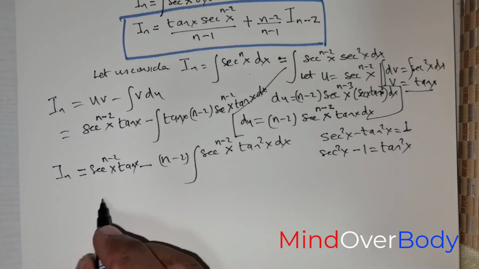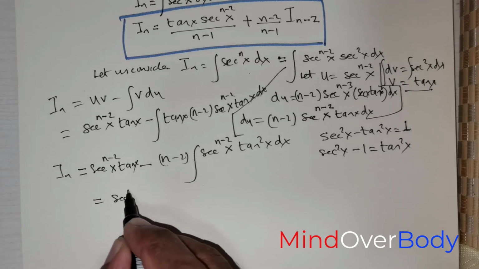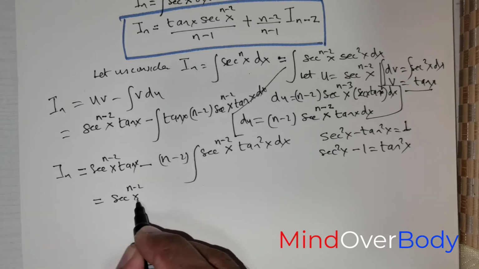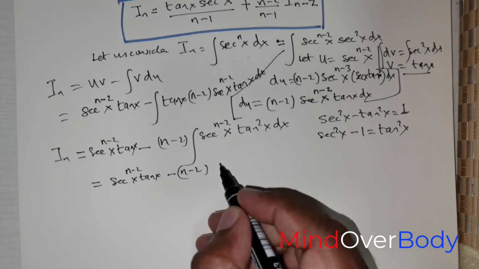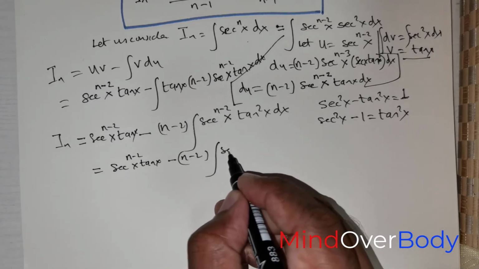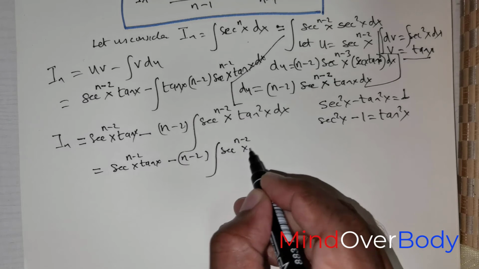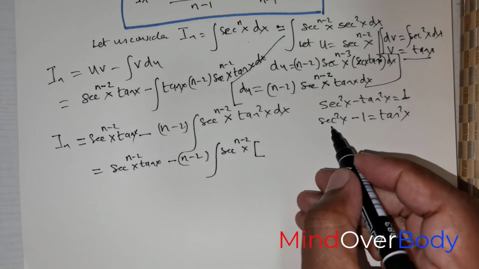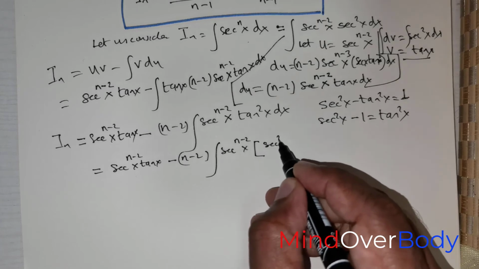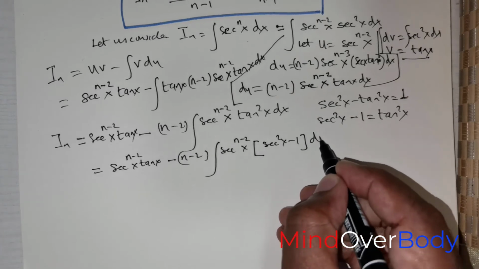So substituting, this is going to be secant raised to the power of n minus 2 x times tan x minus n minus 2 times integral secant raised to the power of n minus 2 x times, I just mentioned to you that tan squared x has to be replaced with secant squared x minus 1 times dx.